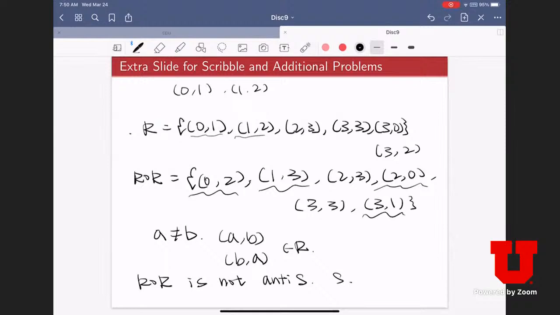Because you should have 3, 3, and 3, 0. Wouldn't that give you 3, 0? Yeah, you're right. Sorry. We should have 3, 0 in Rfr. So if 3 goes to 3 and goes to 0, yeah, you're correct.